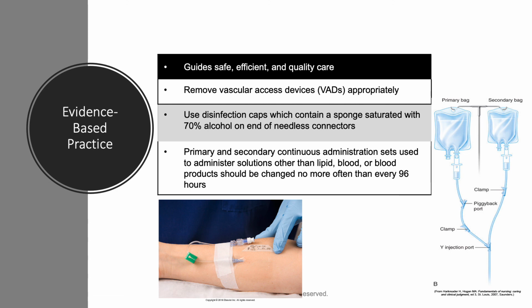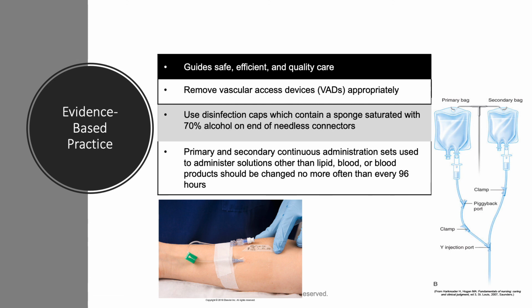So research has shown that vascular access devices should be removed appropriately. And what that means is that if the patient has a complication, if you go into a patient's room and you assess their site, which is what you should do prior to starting IV fluids, and you note that there's redness or swelling or warmth around that site, that tells you that there's a possible phlebitis, so that IV needs to be removed.